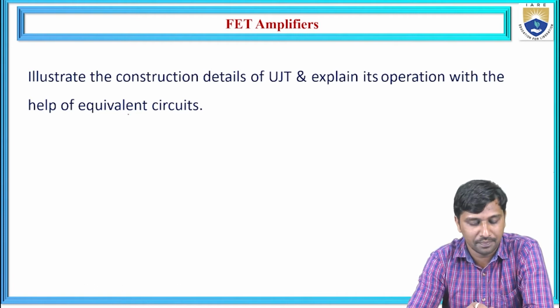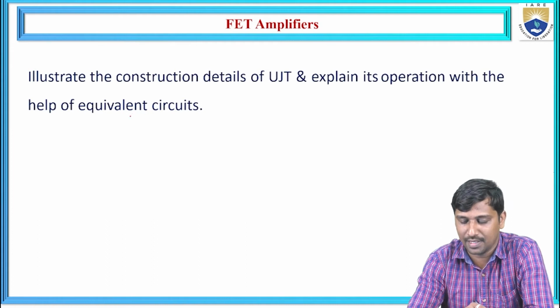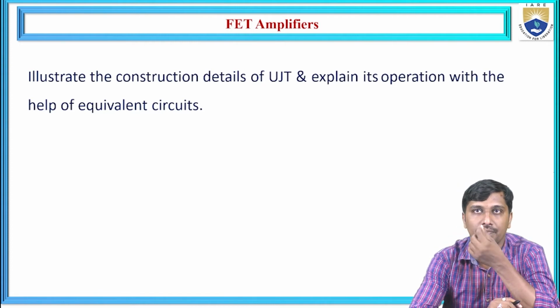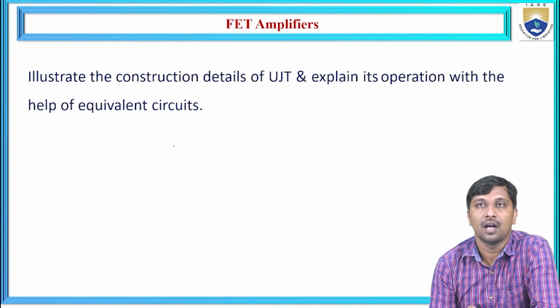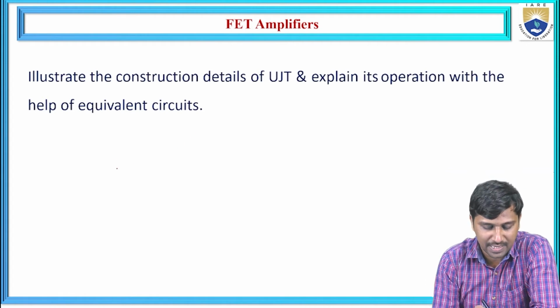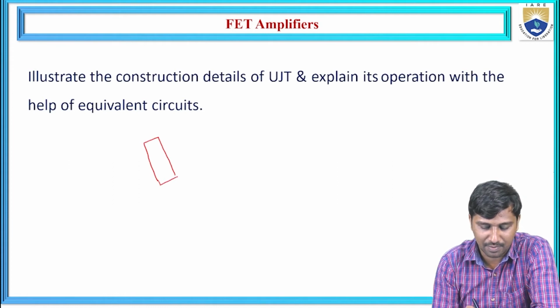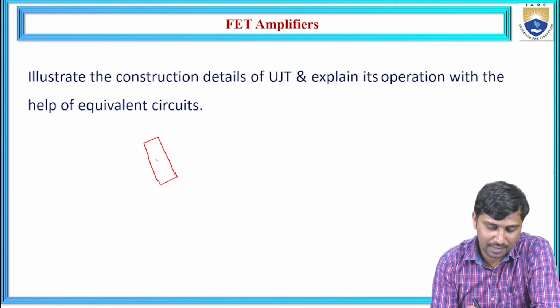Now coming to another question: illustrate the construction details of the UJT and explain its operation with the help of equivalent circuits. First, explain how the UJT is constructed. This is a piece of semiconductor material, an N-type semiconductor bar.